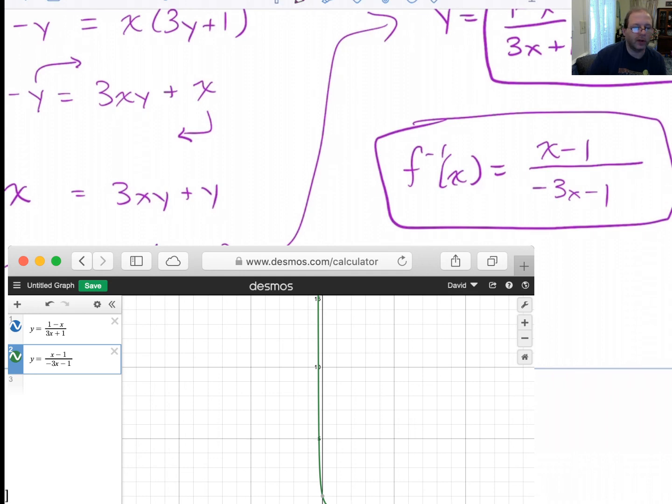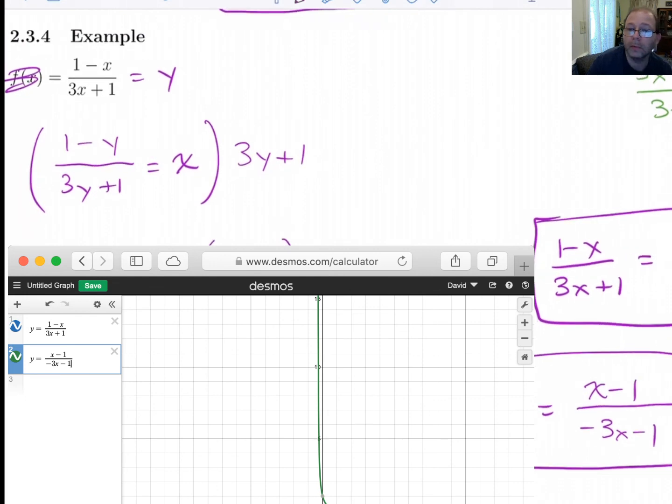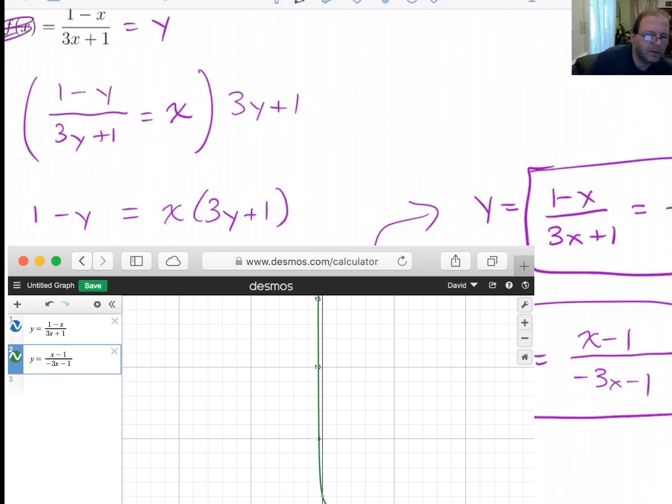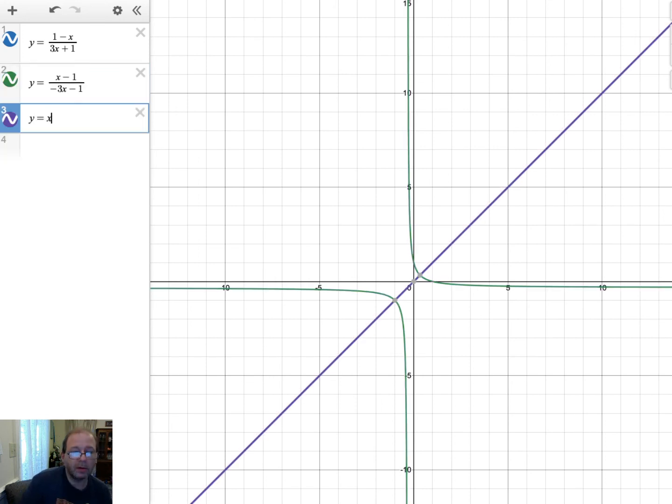Okay, that's kind of boring. These two graphs look exactly the same. Why is that? Well, I guess maybe it's not boring. Let me switch over here so you can see it better. These two graphs are exactly the same because they are already symmetric with respect to the line y equals x.